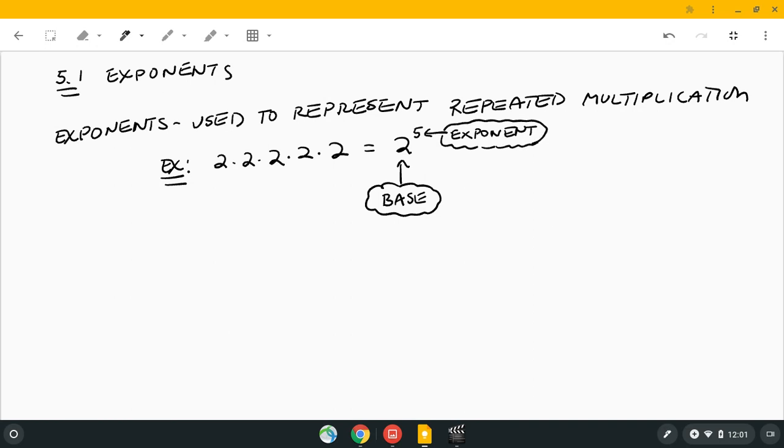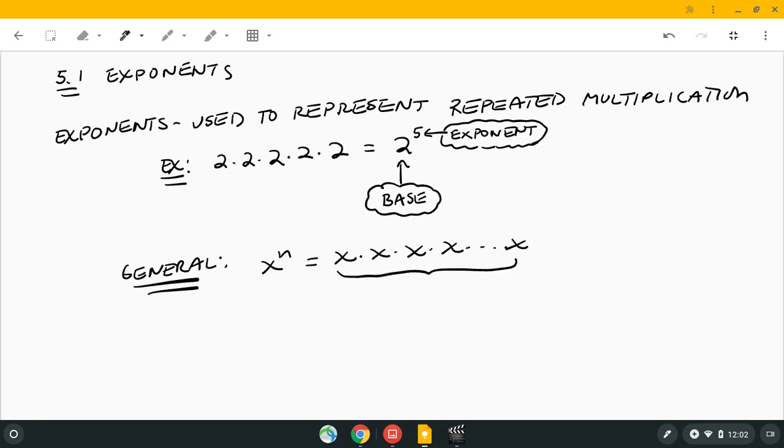Okay, so in general, if you have something that says x to some power n, then that just means x times x times x times x this many times, where this is going to be n factors of x.